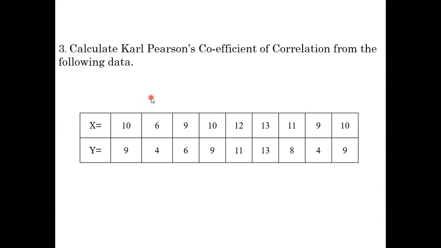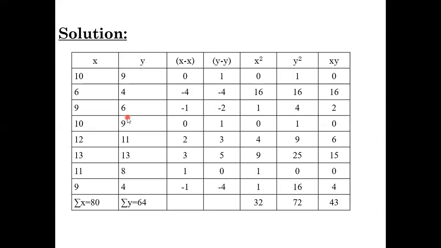Now we are going to solve the problem on Karl Pearson coefficient of correlation under the actual mean method. In the actual mean method, we have to write the variables as they are. We have to make 7 columns: X column, Y column, X minus X mean, Y minus Y mean, X square, Y square, and lastly the X into Y column.